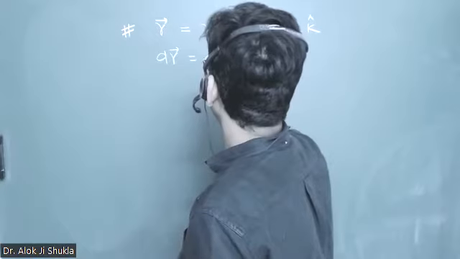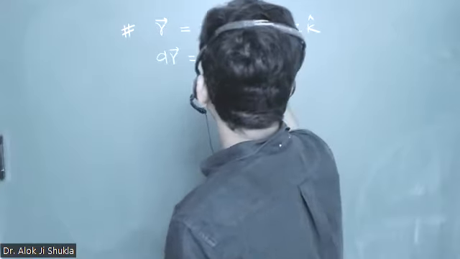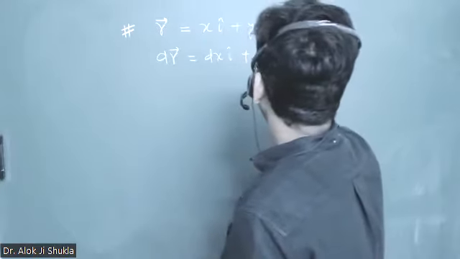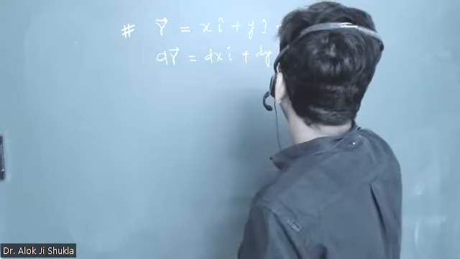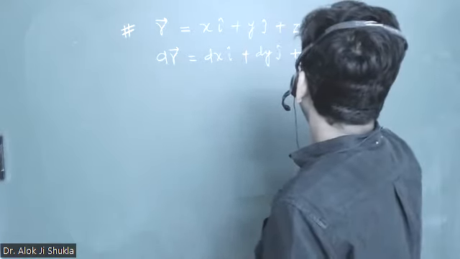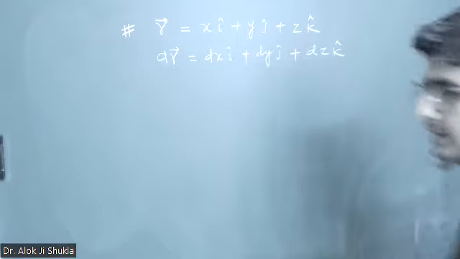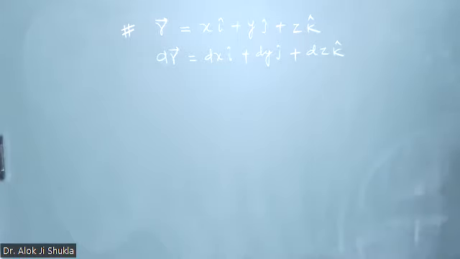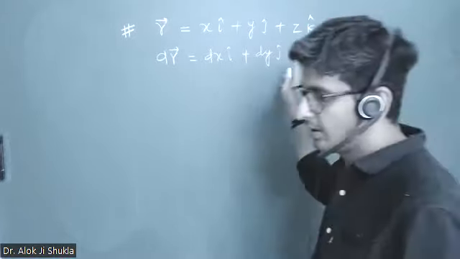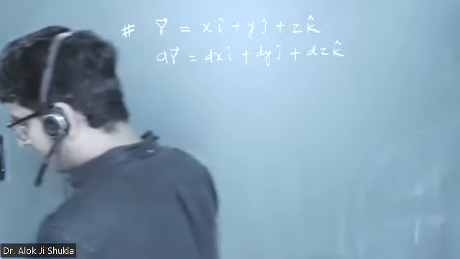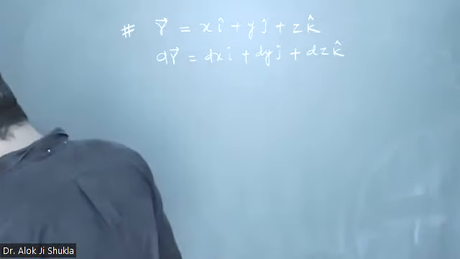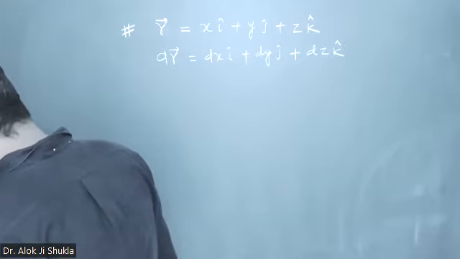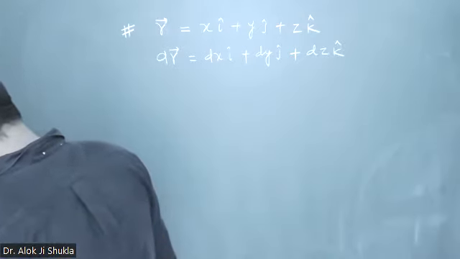It will be dx i cap, see in your figure, dy j cap and dz k cap. That cubical figure we have made now of dx dy dz. So if a vector dr is taken, it will have components along dx i cap, dy j cap and dz k cap. Correct? Yes, sir.